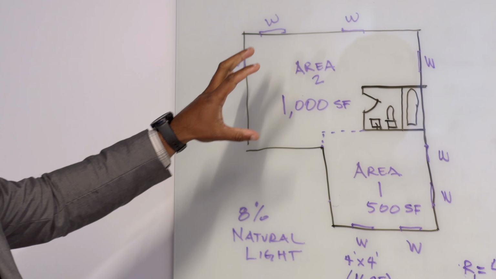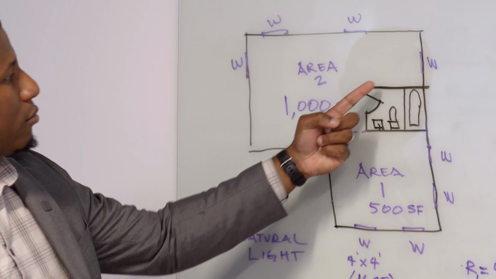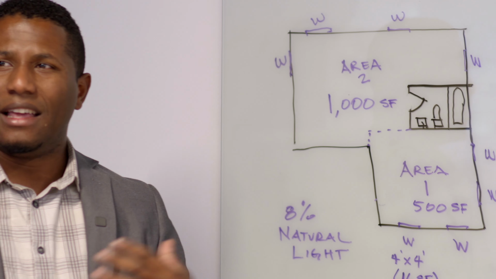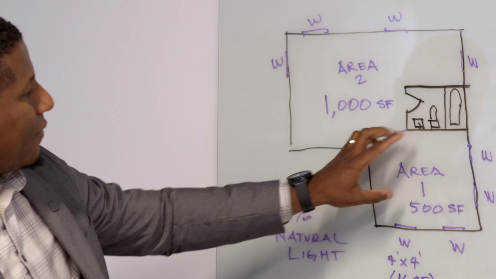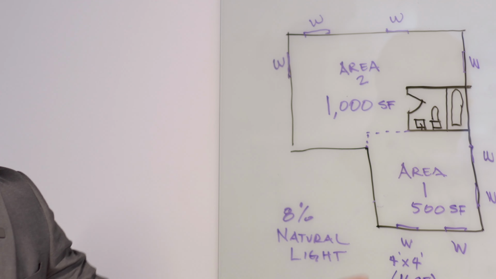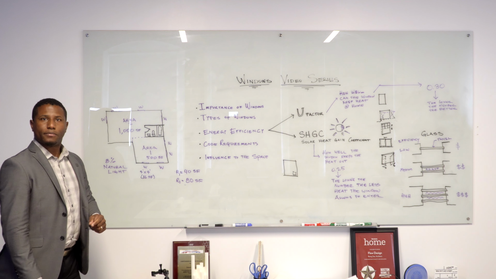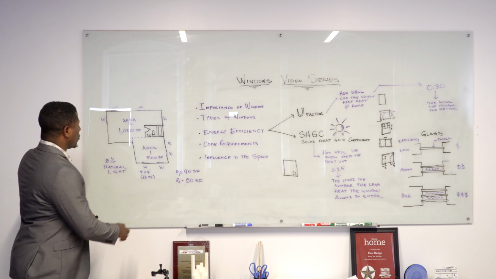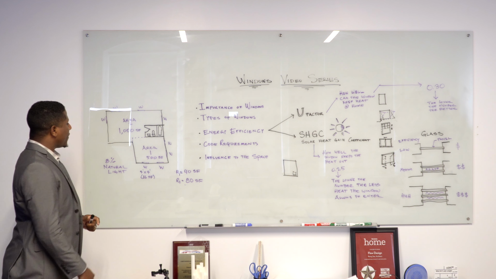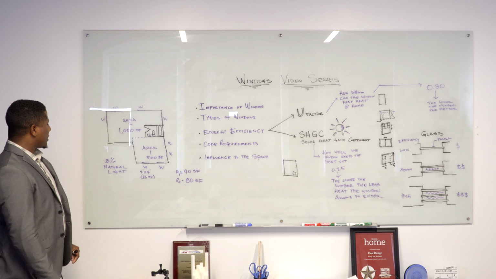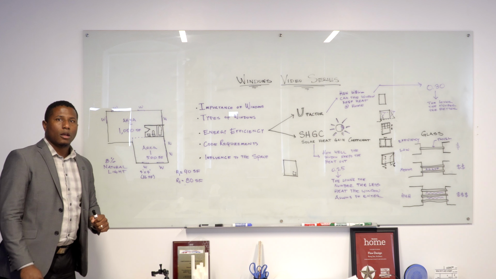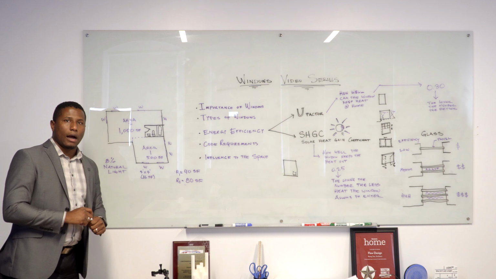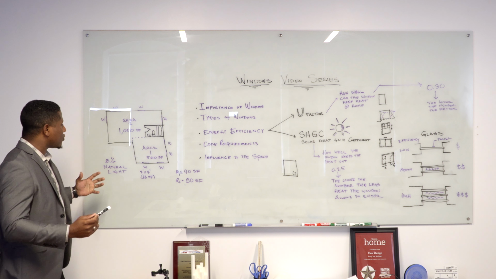So what does that mean in plan? Let's say a bathroom, you're not really living in it, so that is discarded, but you are living in this area 1, and that area is 500 square feet. So I have 500 square feet, and the code says, oh, you are required to have 8% for natural light for that space. So what does that mean?